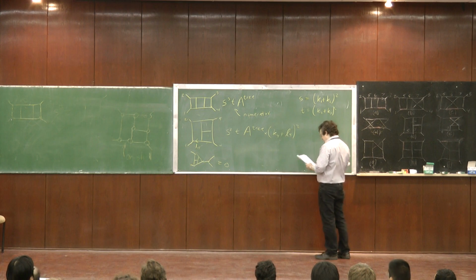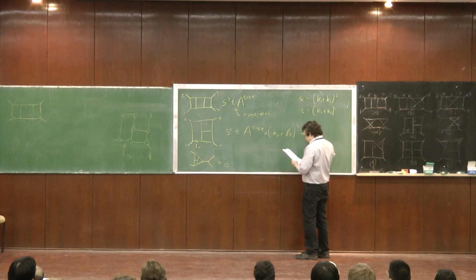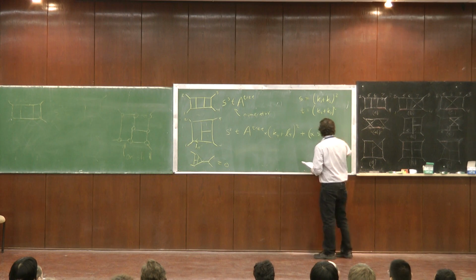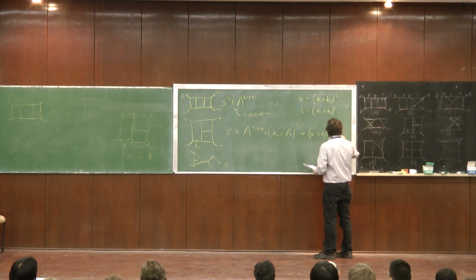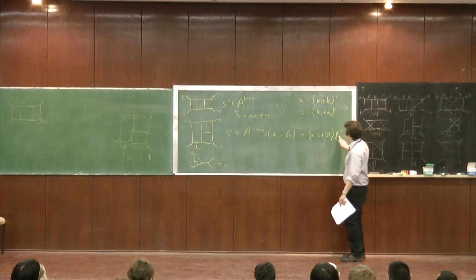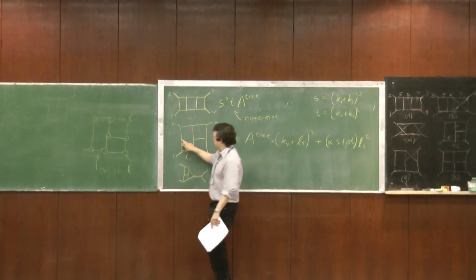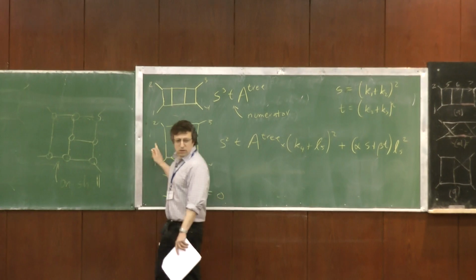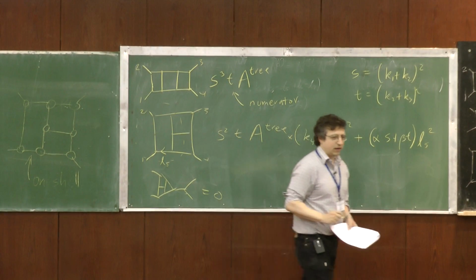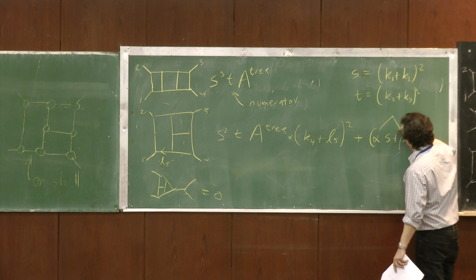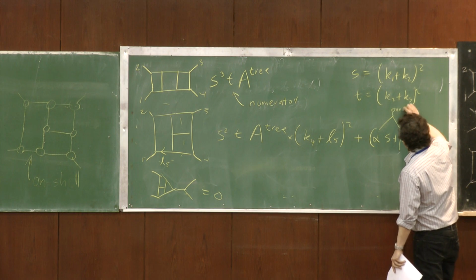So what can I write down? I'll just add stuff like alpha s plus beta t, and then L5 squared. That's one possibility. L5 squared vanishes if I put these legs on shell, so of course I can add it without changing the maximal cut. And alpha and beta are some parameters which we will figure out.